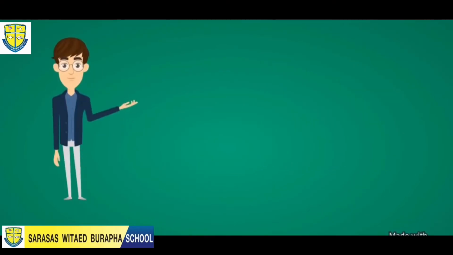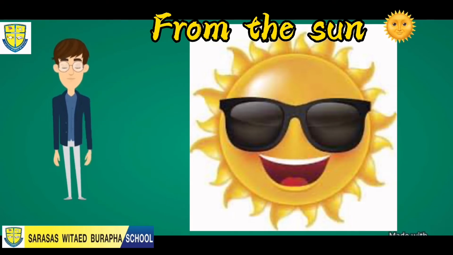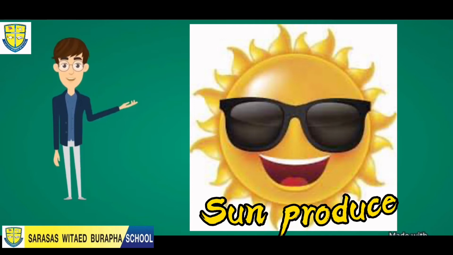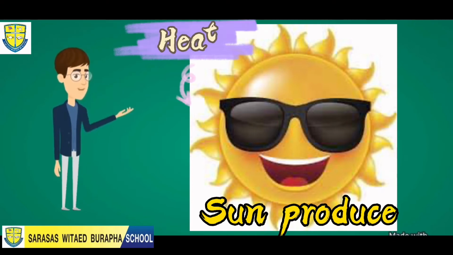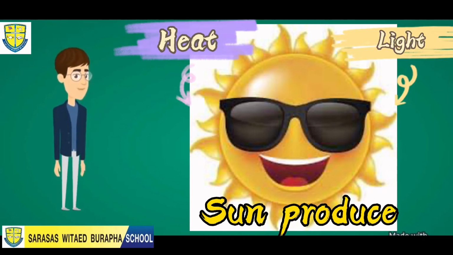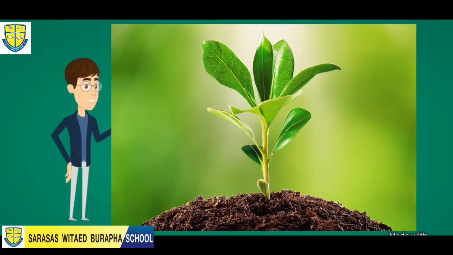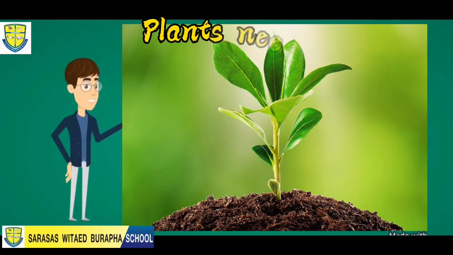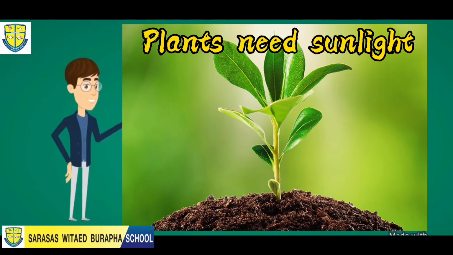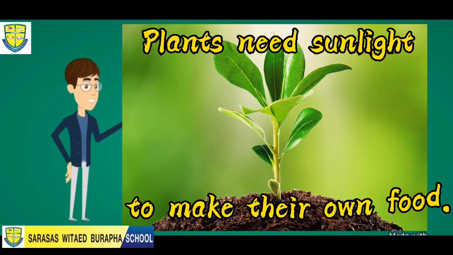If your answer is from the sun, your answer is correct, because the sun produces heat and light to the earth. That heat and light is very important to all living things, especially plants, because plants need sunlight to produce their own food.